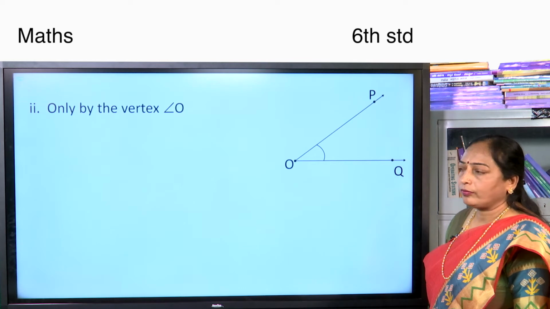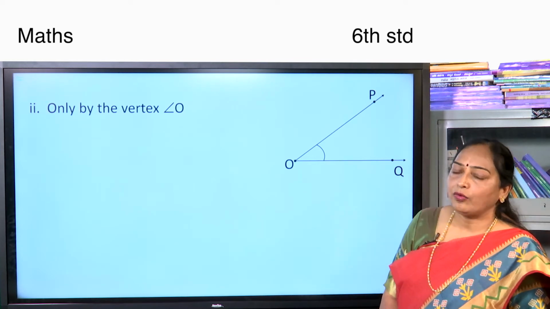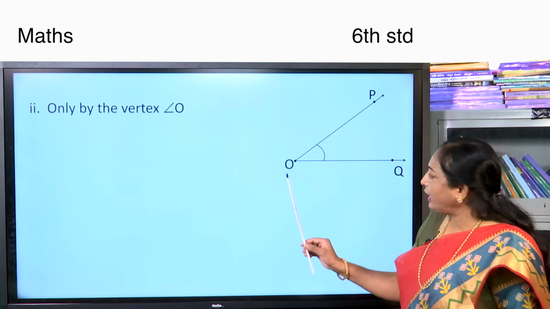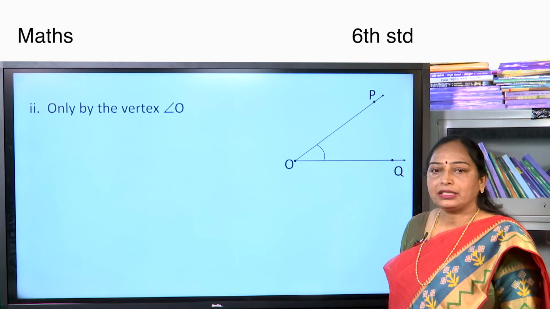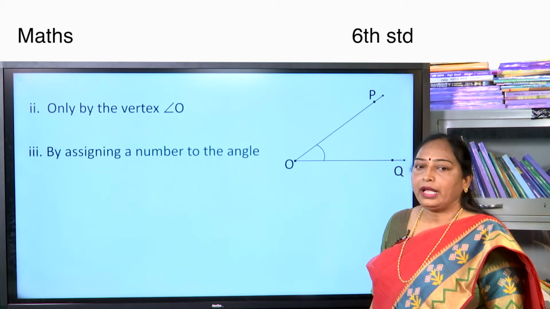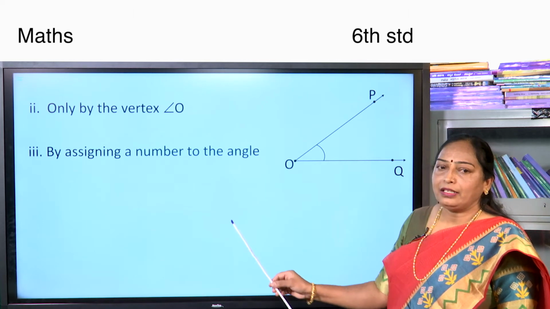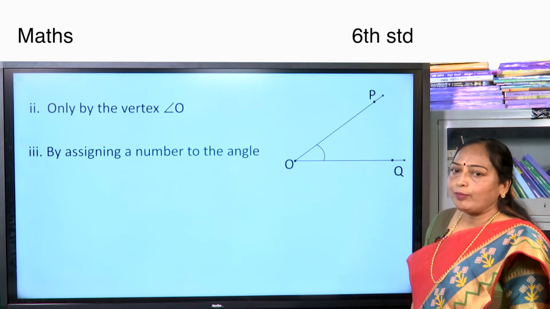Second type, the angle can be named only by the vertex. Which is the vertex here? O. Therefore, it can be named as angle O. Next type, the angle is named by assigning a number to it. Let us give the number 1.